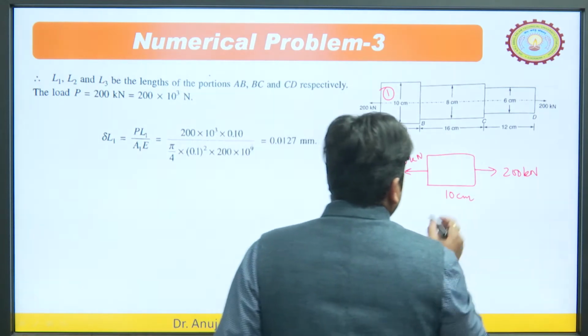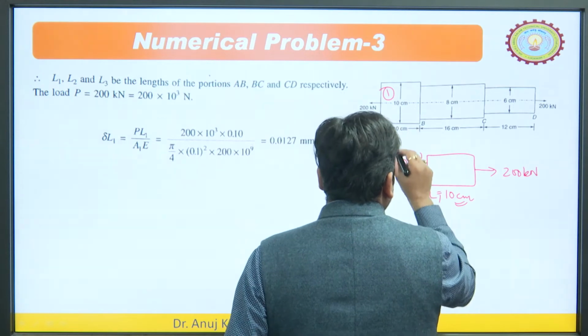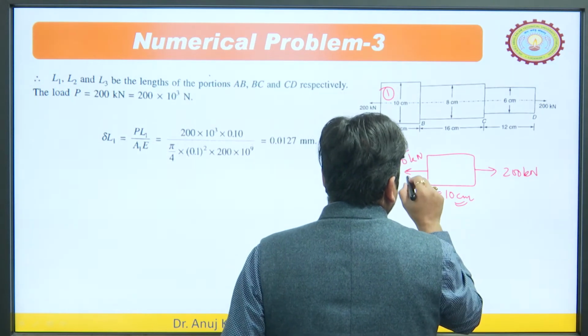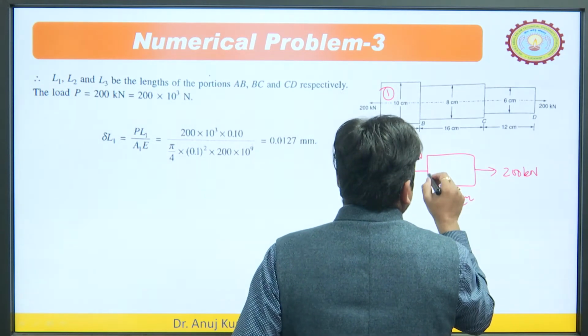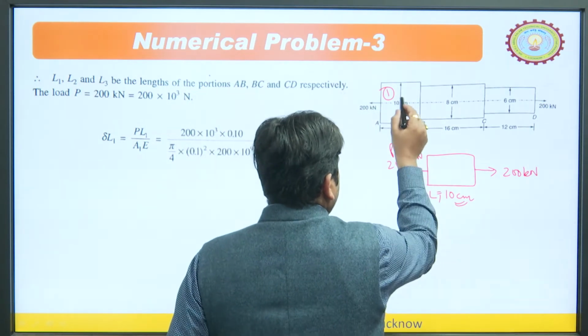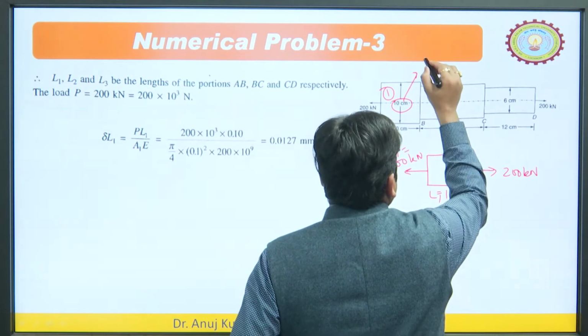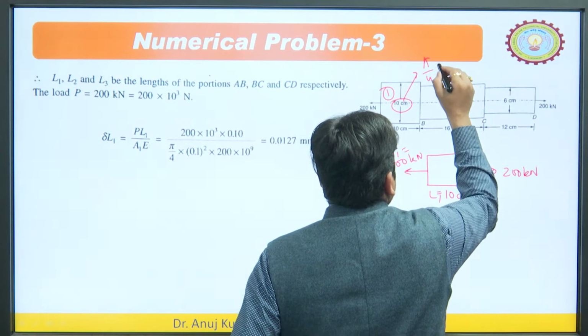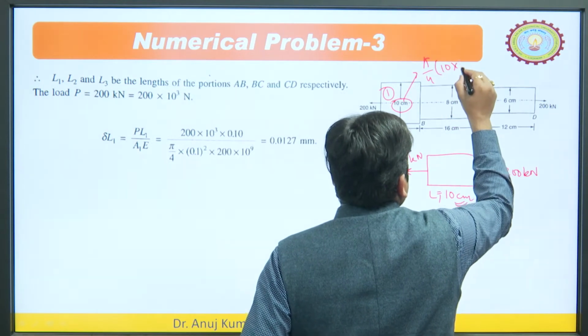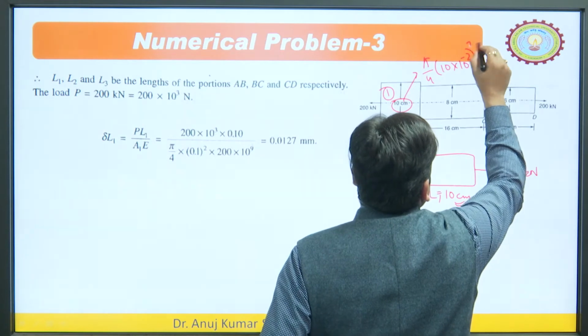So, now you can see the length is given. L1 is given to you, P1 is given to you, right, and the area, that is given, the diameter of this rod is given as 10 centimeter. By this you can get the area. The area will be pi by 4 into 10 raised to the power minus 2, meaning you convert it into meters, pi by 4 d square.